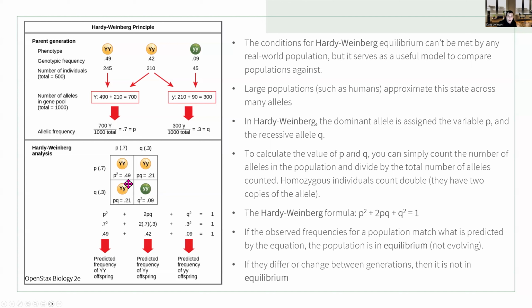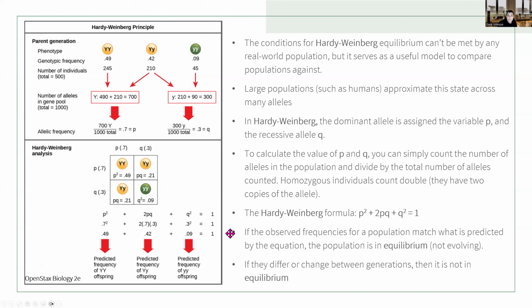Why? Because there are two ways you can become a heterozygote. And then we just square 0.3 to get 0.09. So the predicted frequencies for any offspring in this population would be 0.49, 0.42, and 0.09. Again, we're just taking the numbers we saw and plugging them into the equation. That is the predicted frequency we would expect to see in the offspring.